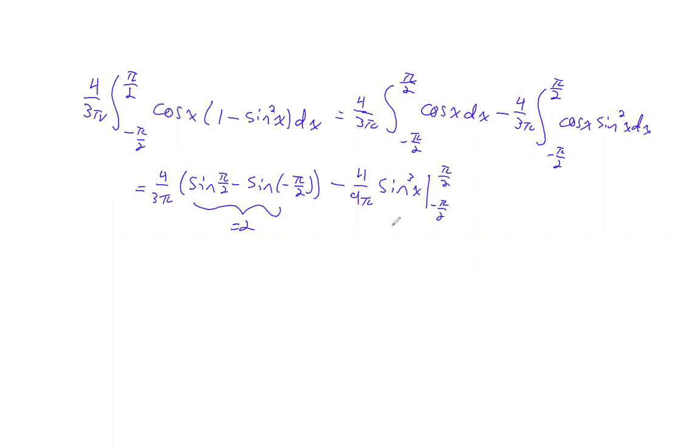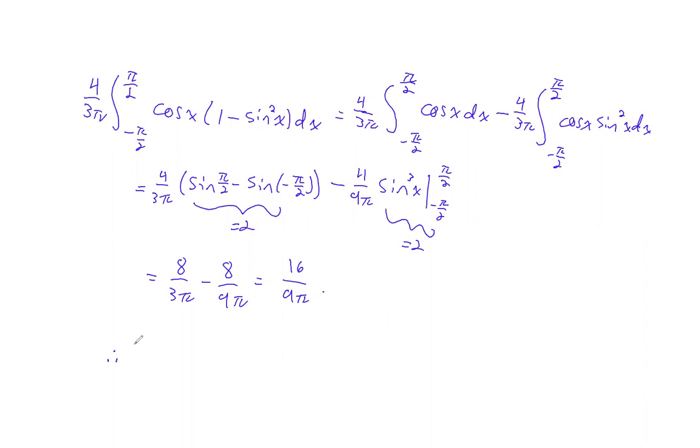Again, sine cubed of pi over 2 is 1, sine cubed of negative pi over 2 is negative 1, so this is also equal to 2. So the whole thing comes out to 8 over 3 pi minus 8 over 9 pi, which is going to become 16 over 9 pi.